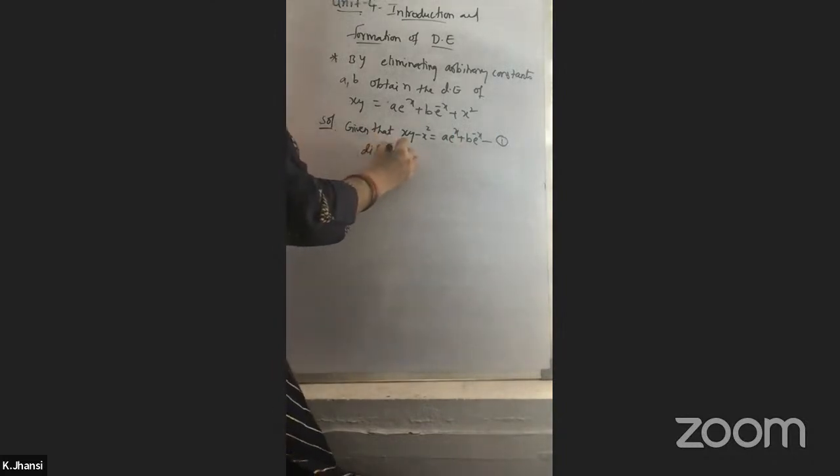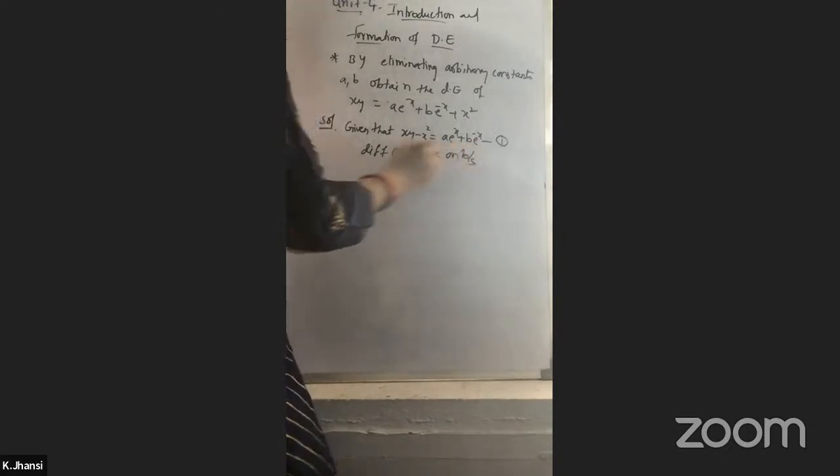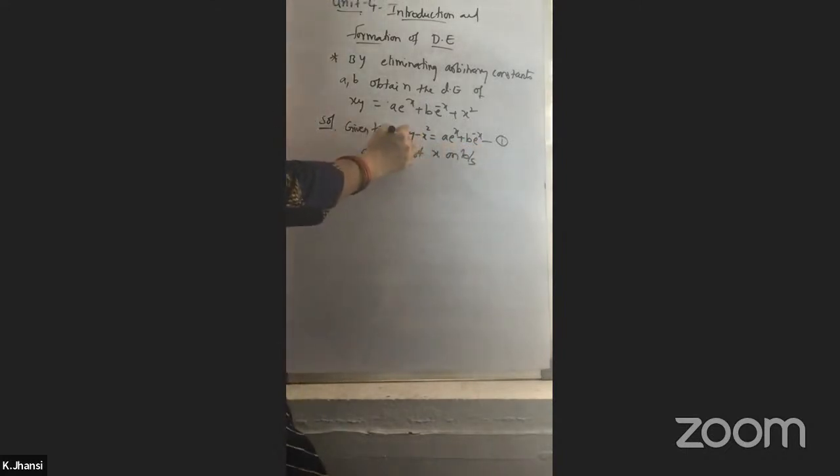So differentiate 1 with respect to x on both sides. So xy is the UV rule. So x into dy/dx, or else you write y dash, it will be easy. x into y dash plus y. x derivative is 1 and y is y. Okay, one term constant, one term you have to do the differentiation.